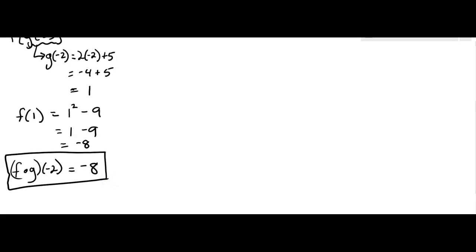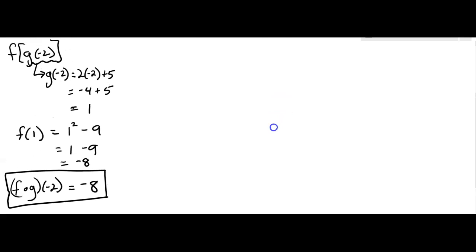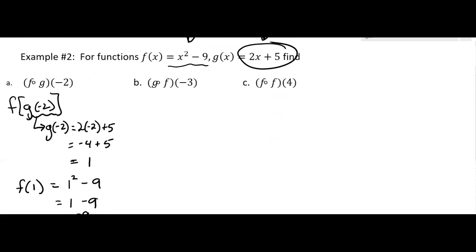So you kind of do it in two parts. You figure out the g part, and then you take the result of that and put it in the f function. It's kind of like if you had a car and you wanted to take it to the car wash, and then you were going to get an oil change. So you take your car to the car wash, it gets all clean, then you take it to the mechanic and you get the oil changed.